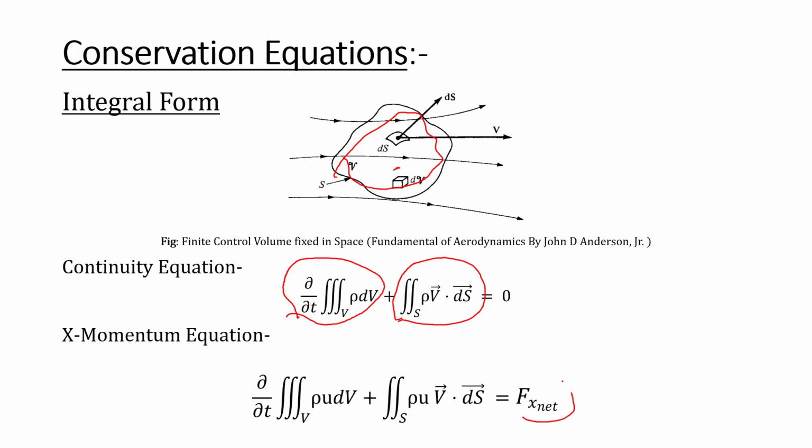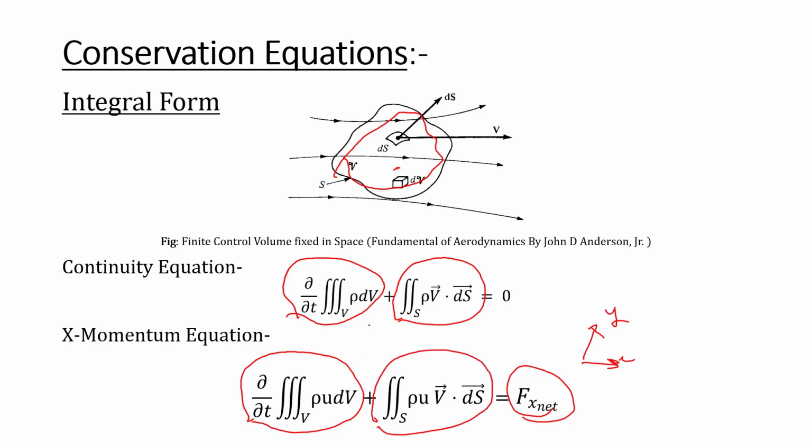This Fx net is the net force in the x direction. The first term represents the change in momentum inside the control volume due to change in flow properties, and the second term represents the outflow of momentum from the control volume through the surface.